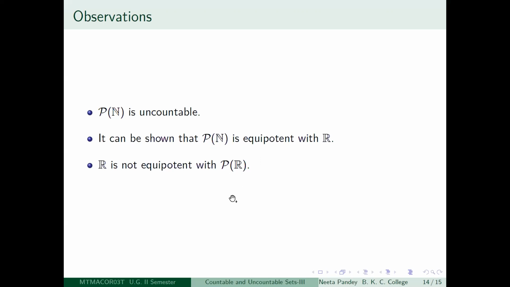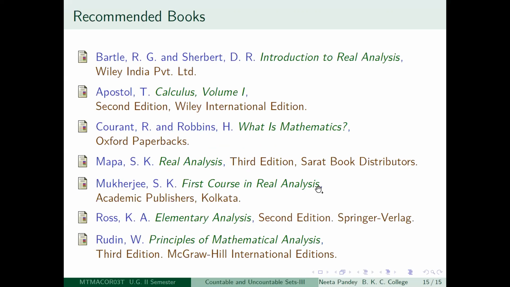So we are not going to discuss those things in our lecture. What it leads to further in this particular topic is the notion of cardinal numbers and ordinal numbers, and a very interesting hypothesis called the continuum hypothesis. So those things are beyond our course for the time being, so we don't discuss them.